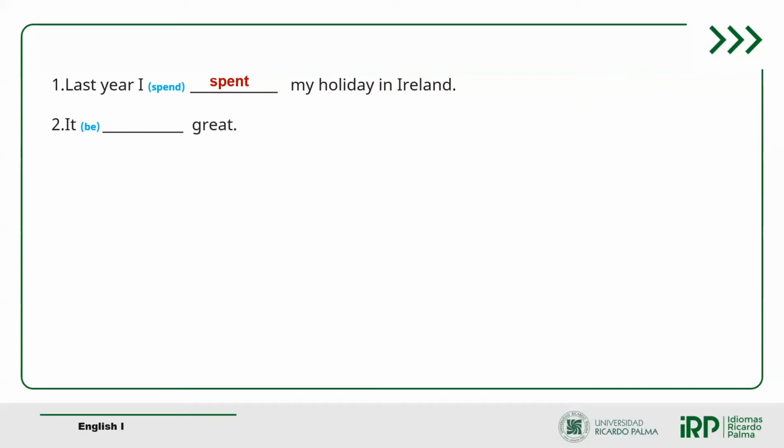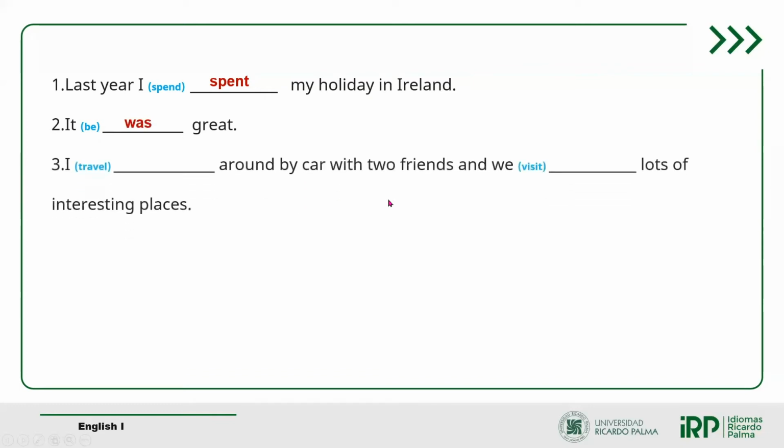Any idea? It was great. Number 3, I around by car with 2 friends and we lots of interesting places. Any idea? Yes? Yes, I traveled around by car with 2 friends and we visited lots of interesting places. Well done.